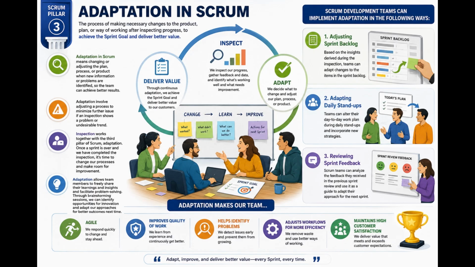Teams can adapt changes to the items in the sprint backlog. Second, adapting daily stand ups. Teams can alter their day to day work plan during daily stand ups and incorporate new strategies.